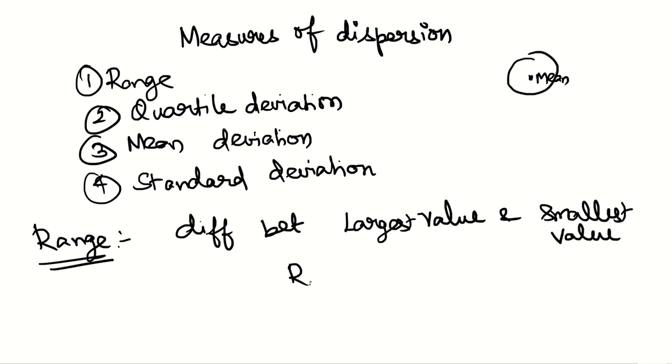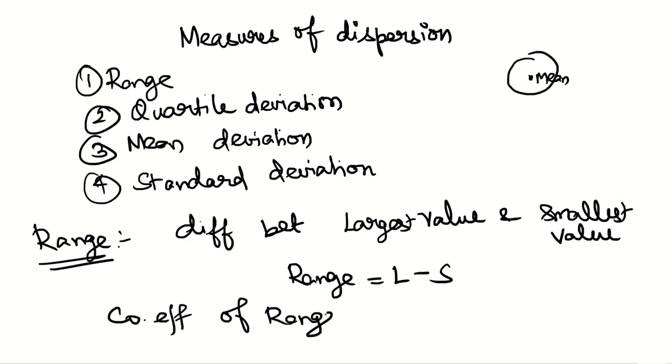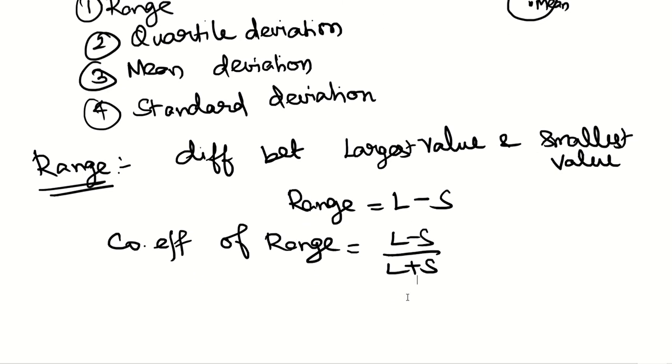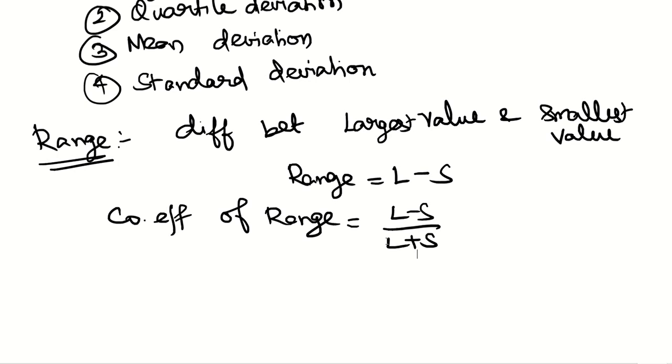That is, the range is given by L minus S. The coefficient of range is given by the formula L minus S divided by L plus S, where L denotes the largest value and S denotes the smallest value.